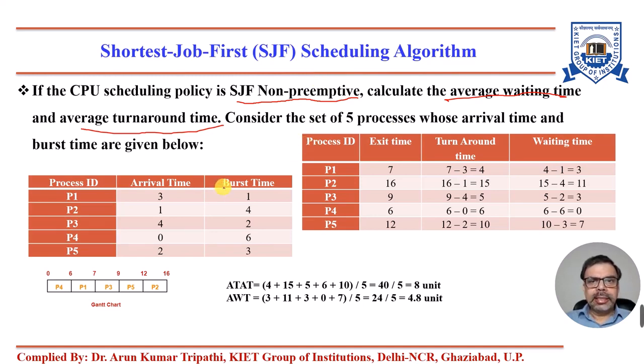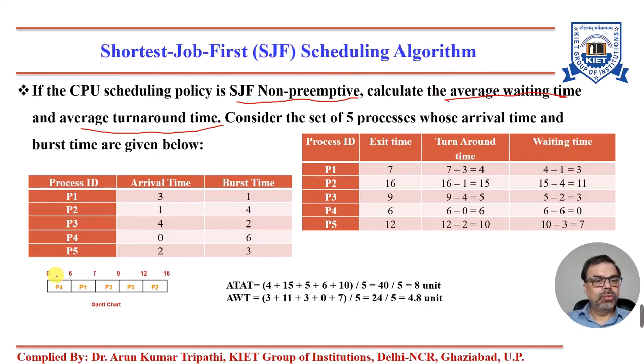Let us explore the example. There are five processes P1, P2, P3, P4 and P5. The arrival time and burst time are given as follows. To calculate the turnaround time and waiting time, we must first draw the Gantt chart.